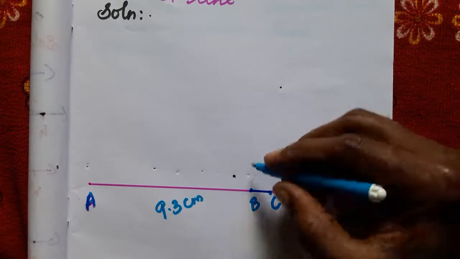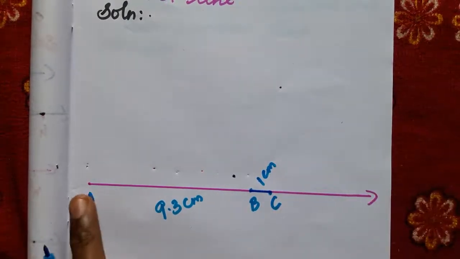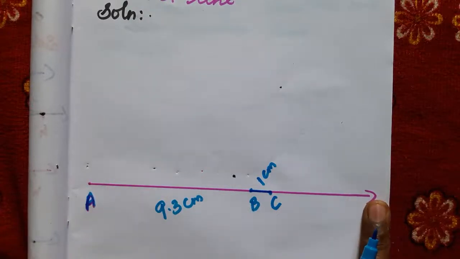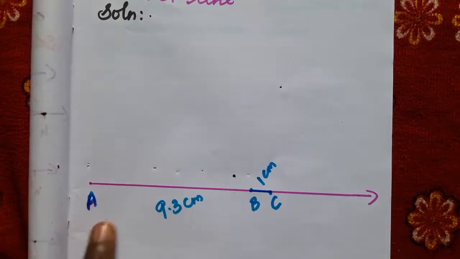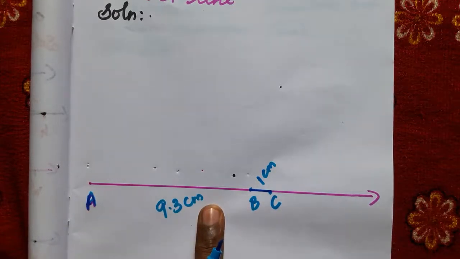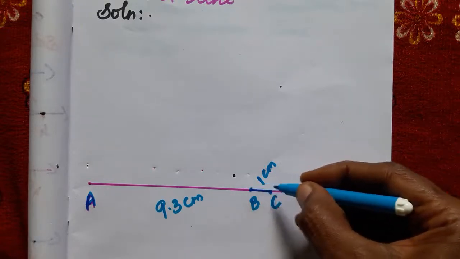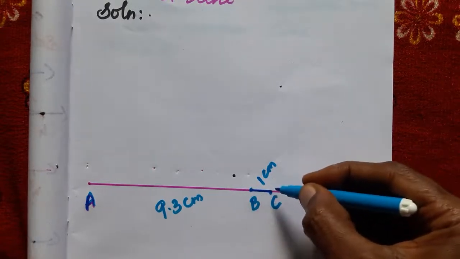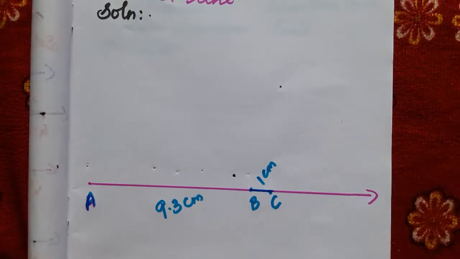This point is C, 1 centimeter. Now, first we have to draw a line, starting point marked A. Next, we have to mark a point B such that AB is equal to 9.3 centimeter. Next, mark a point C such that BC is equal to 1 centimeter.